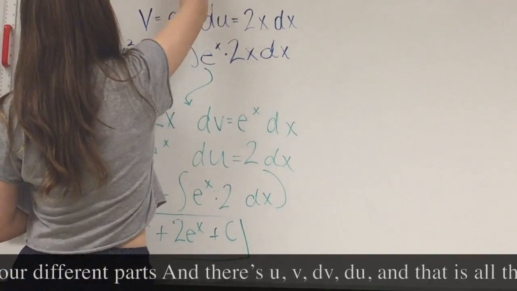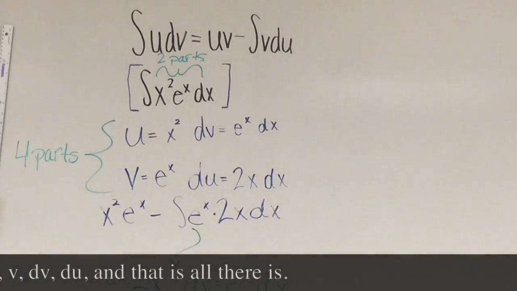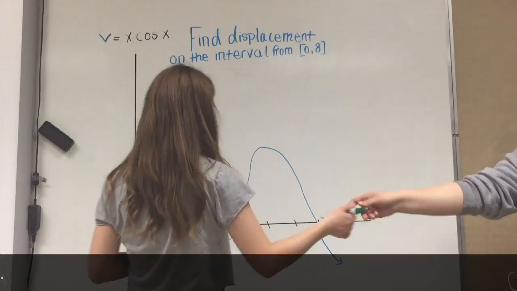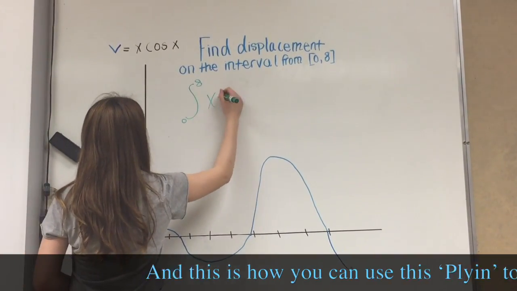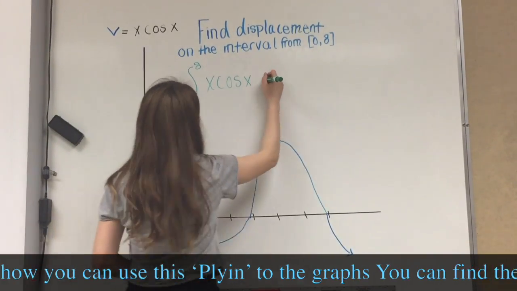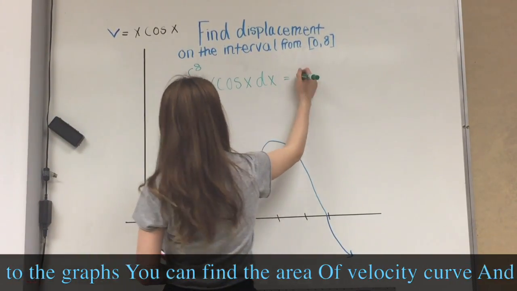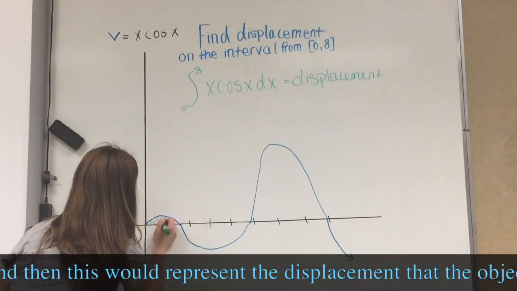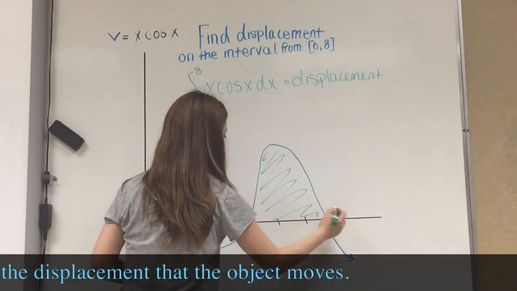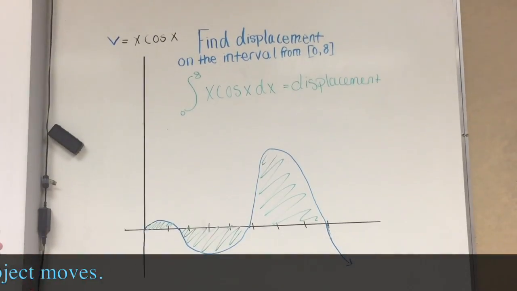There are 4 different parts. And there's u, v, dv, du, and that is all there is. And this is how you can use this. Applying to the graphs, you can find the area of a velocity curve. And then this represents the displacement that the object moves.